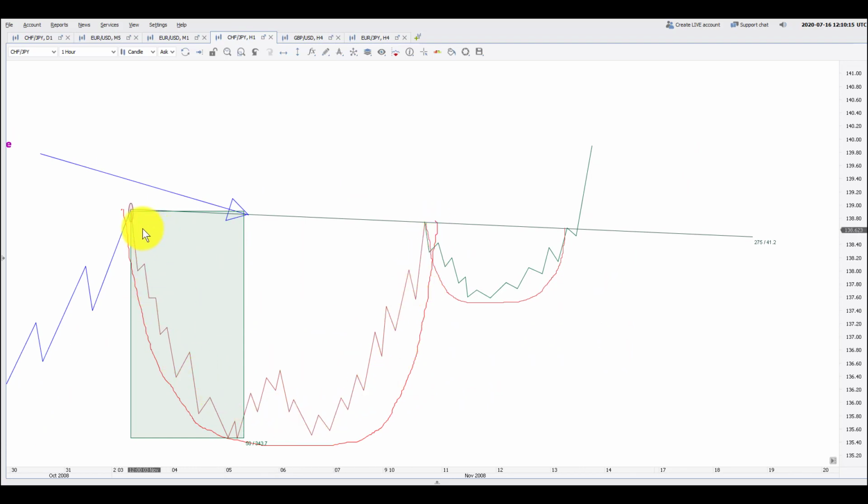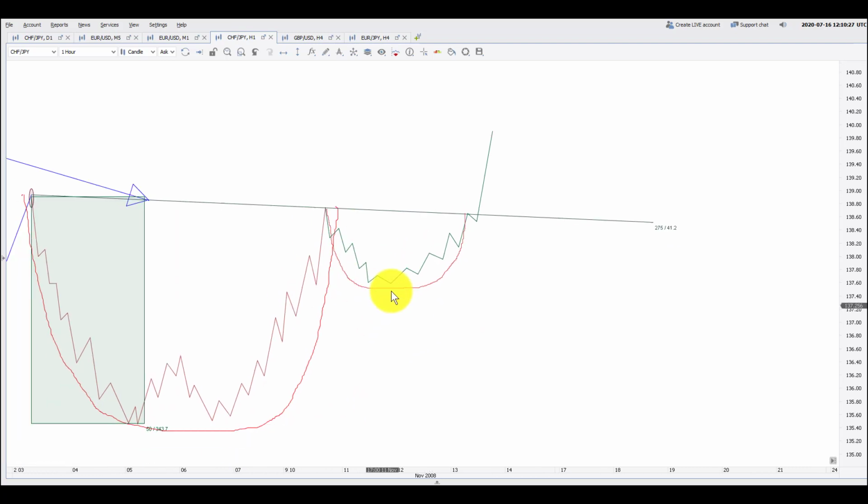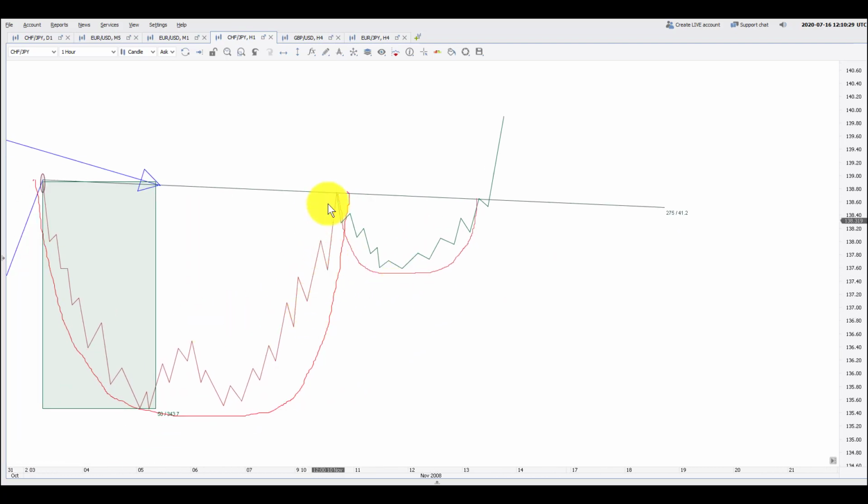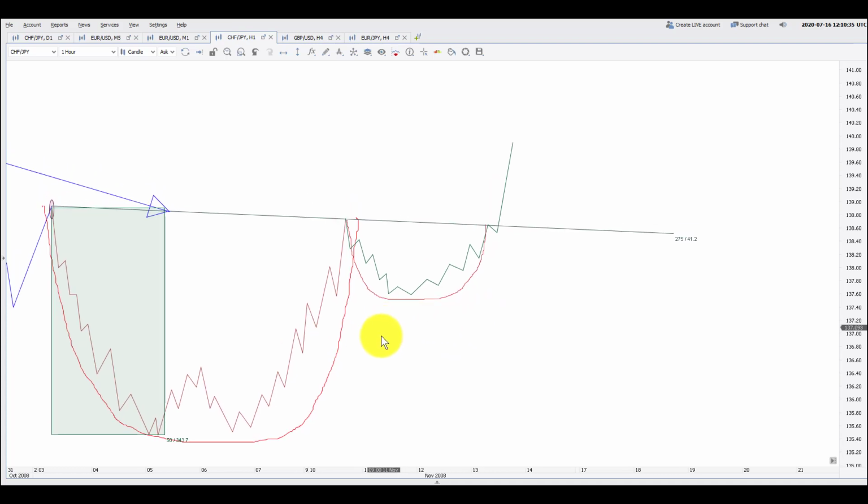A little bit less, a little bit more is okay. But if it is taking too much time for the cup to form, then it is not worth trading. I am talking about the daily chart, friends. And the handle same way, if it has gone to more than half of the depth of the cup, then it is also not worth trading. So anything less than half of the depth of the cup, if the handle stays, then it is worth trading.